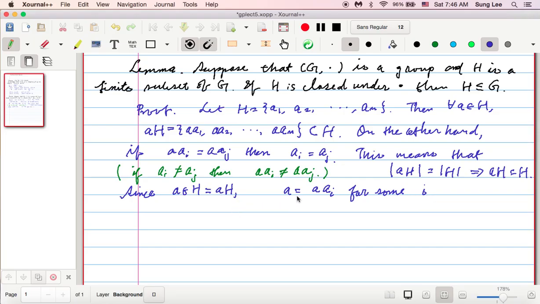All right? Again, the one we saw earlier is called the cancellation law. Using the cancellation law, this implies AI equals identity. In other words, we do have an identity element in H, right? Good.